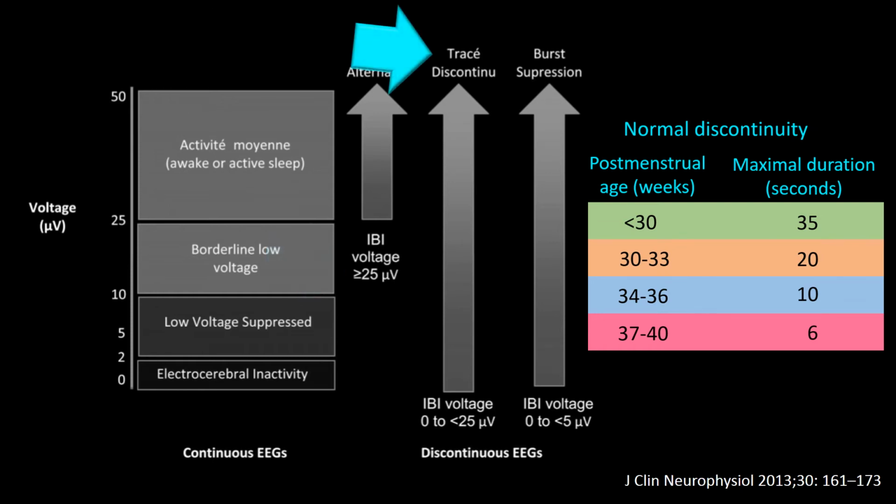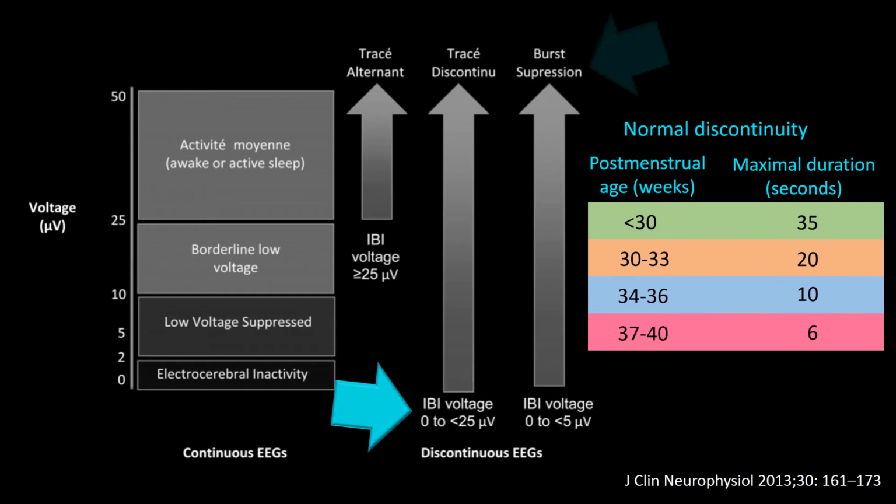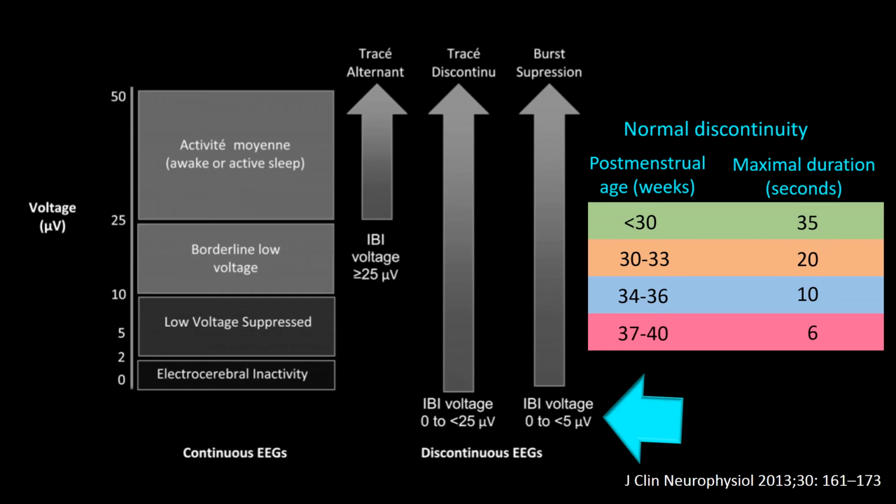Tracé discontinue with an amplitude ranging from 0 to 24 microvolts, and burst suppression pattern with an interburst amplitude of less than 5 microvolts.